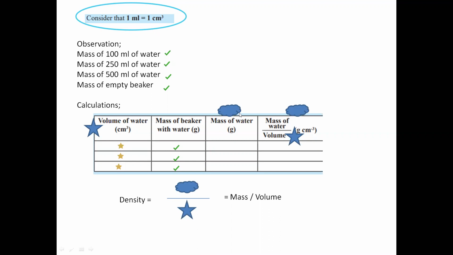How can you find the mass of water, only the water? Here you have taken the mass of water with the beaker. You know the mass of the empty beaker, then you have to subtract the mass of the empty beaker from the mass of beaker with water.